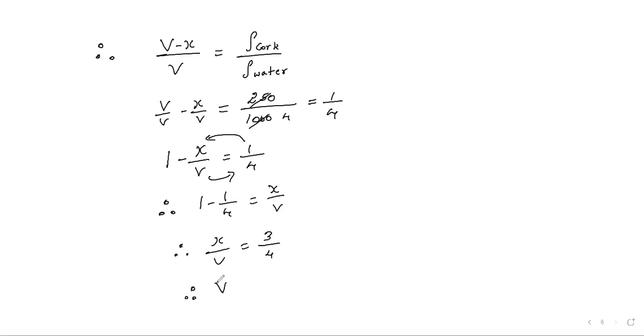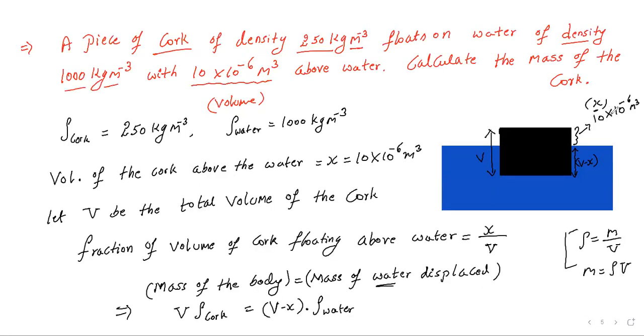Therefore, the total volume of the cork will become 4/3 into X. But we already know the X value. 4/3 into, how much is the X value here? 10 into 10 power minus 6.